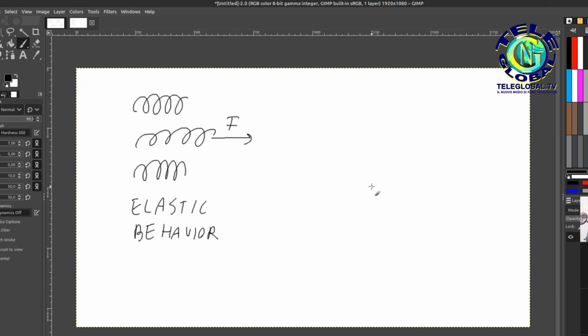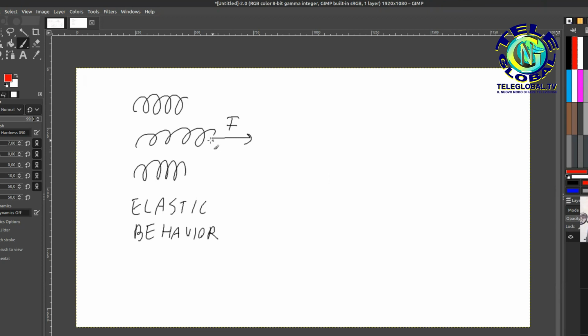And do you know how the more you try to stretch a spring, the harder it becomes to stretch it further?